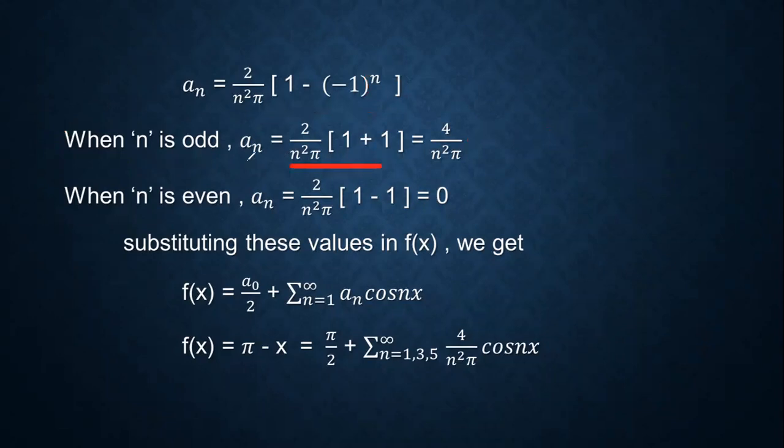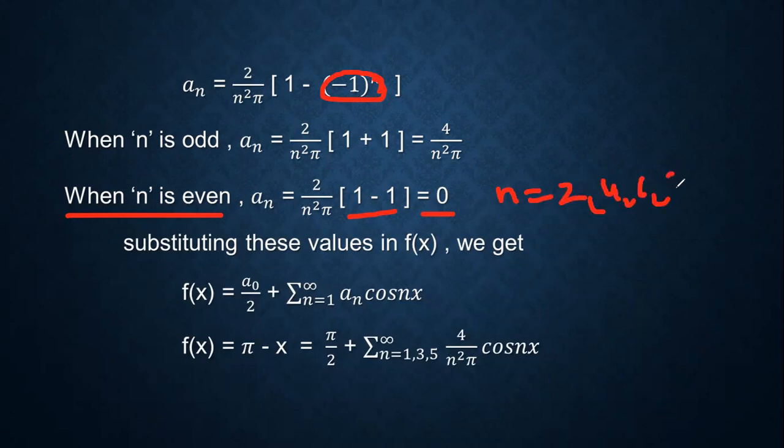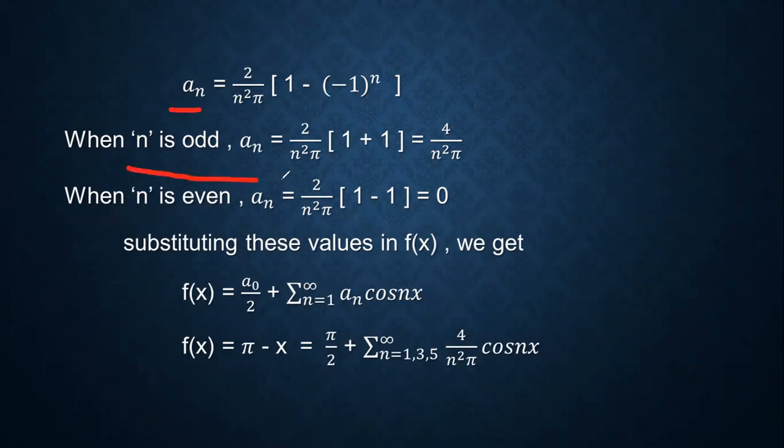For even values, this will be a positive value, 1 minus 1, which is 0. 0 into something is 0. For n equal to 2, 4, 6, 8, the an value is equal to 0. So here an is defined only for odd values, not for even values, because for even n, an is equal to 0.